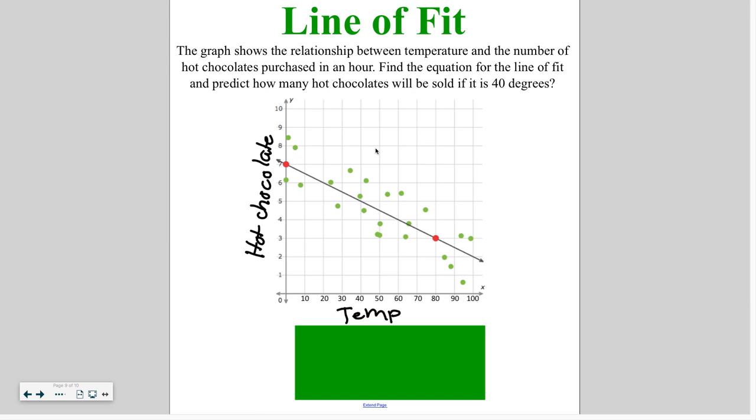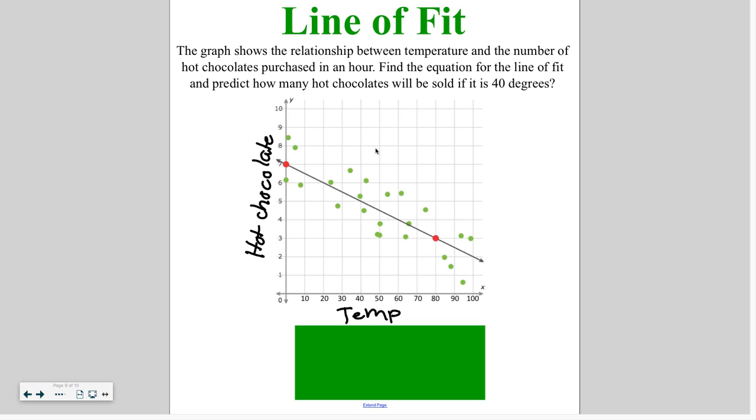So here's another example of a scatter plot that has already been drawn for you. It also has a line of best fit drawn in. You can see based on the line that it is a negative relationship between the temperature and the amount of hot chocolate sold.